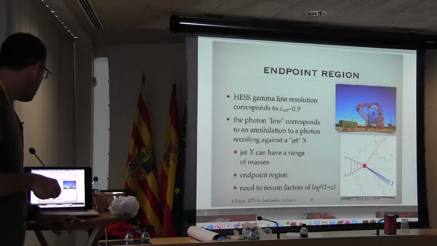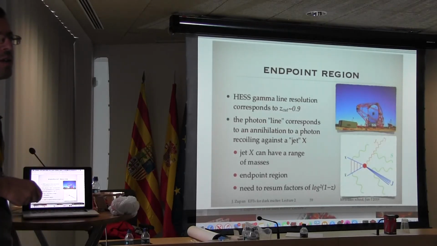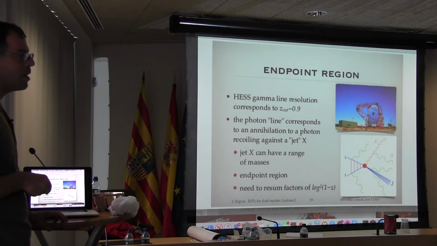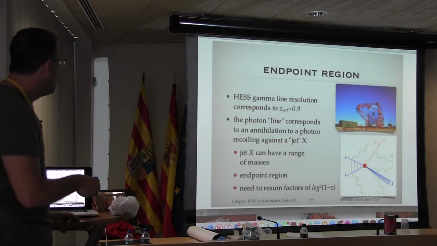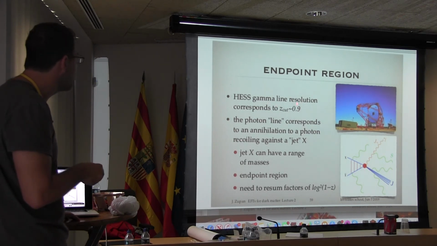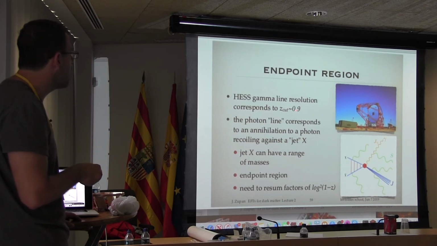And so of course it's the most complicated out of these three options, and it is the one that corresponds to the measurements, has to be. So if you look at the HESS gamma line resolution, it's not perfect. It would correspond to a Z cut of about 0.2.